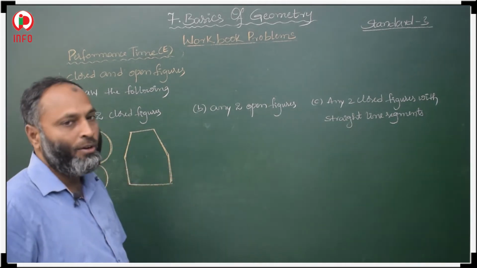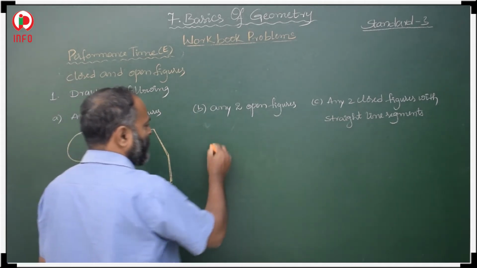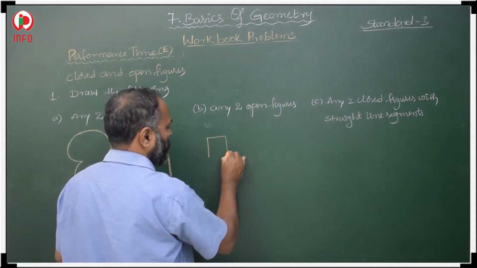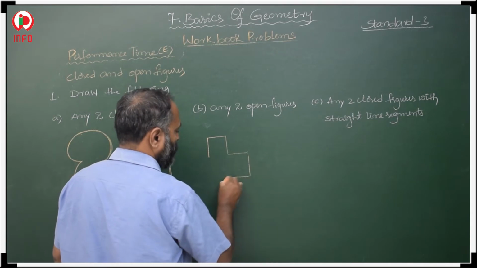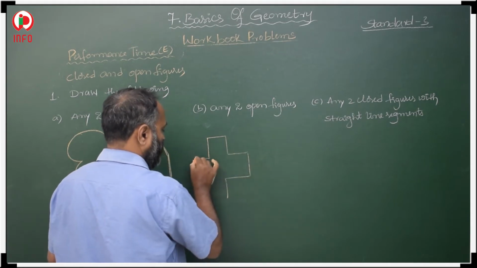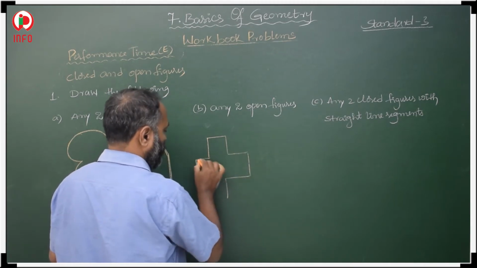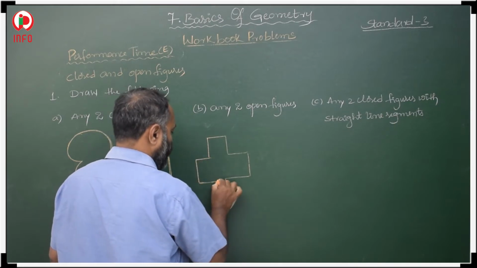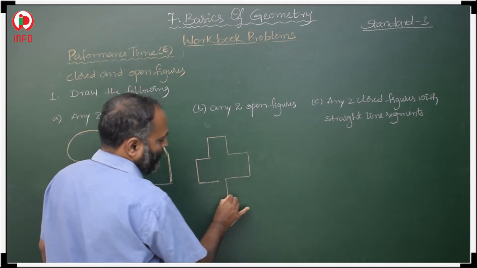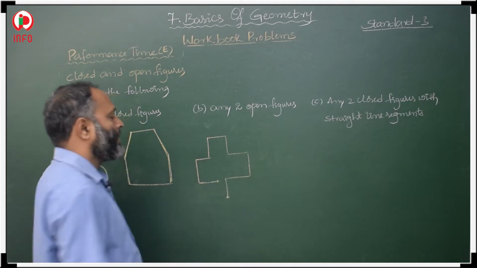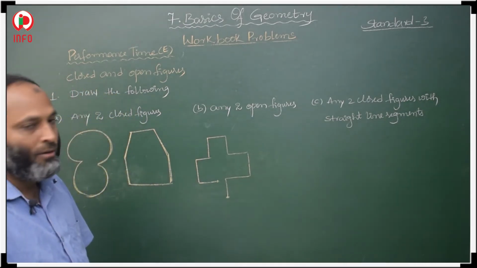Here, open figure, any two open figures we have to draw, okay. This is our open figure. Here this is the starting point, this is the end point. Starting point and end point are not the same.